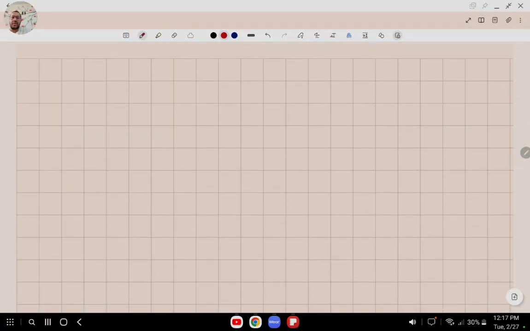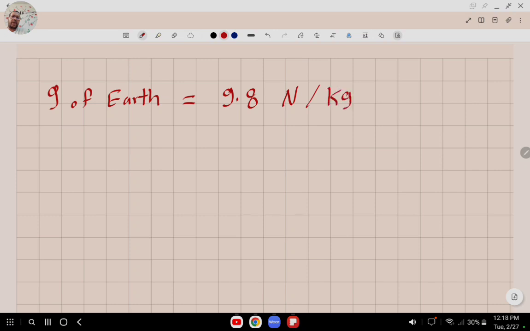Earth attracts the mass of an object when the mass is equal 1 kilogram. The Earth attracts 1 kilogram by 10 Newton. You can consider it as 10. Actually, the G of the Earth equals 9.8 Newton per kilogram.